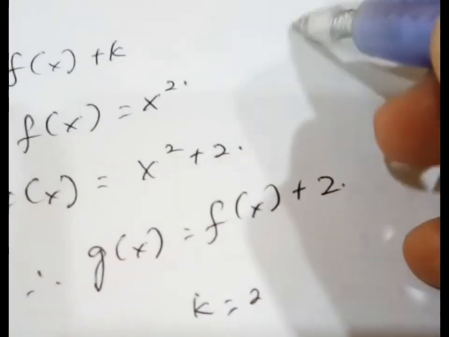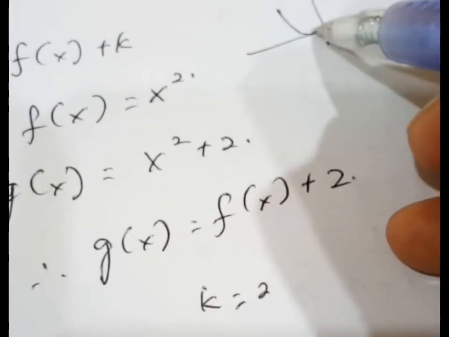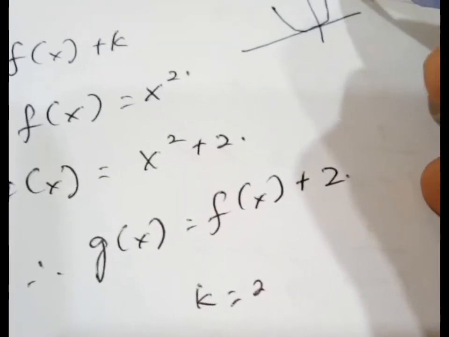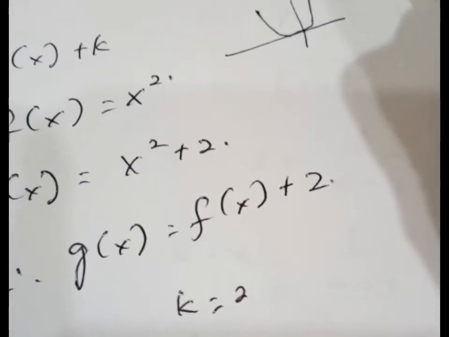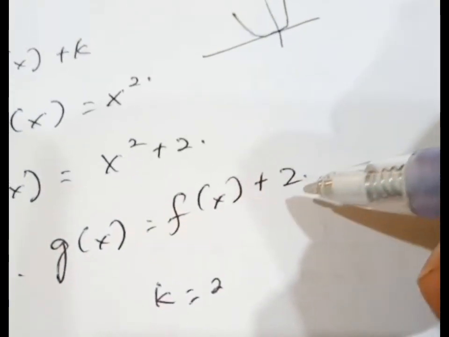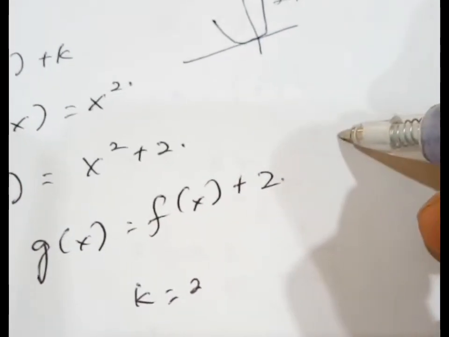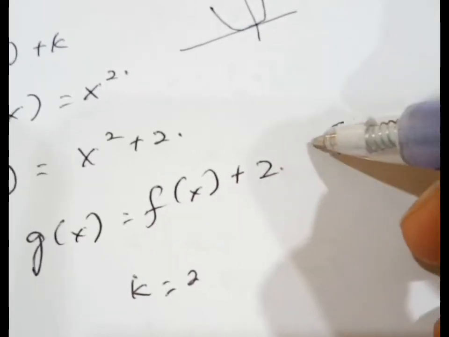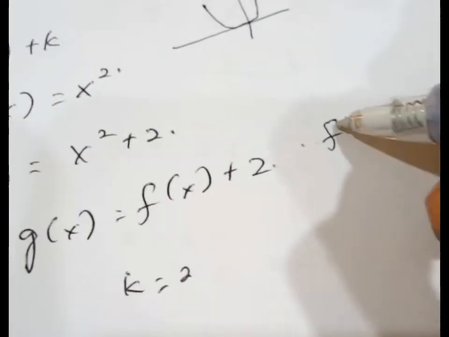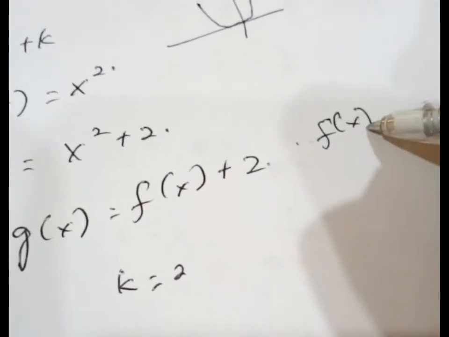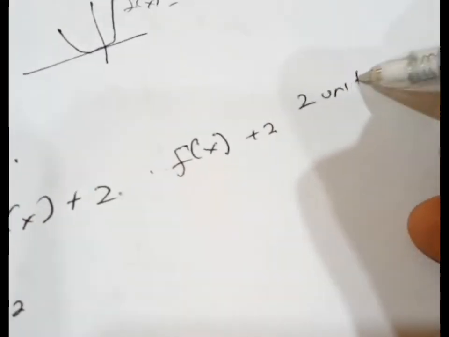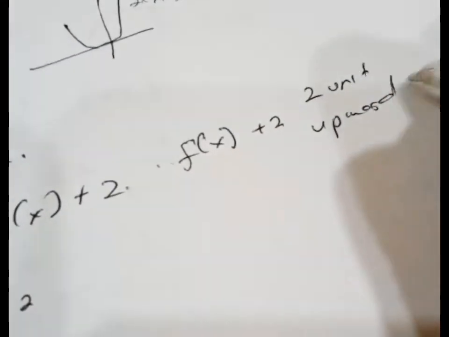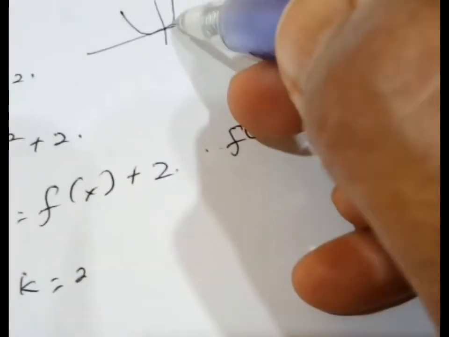So f of x is x squared. If f of x plus 2, it means that we shift 2 units upward. The y is shifted 2 units upward.